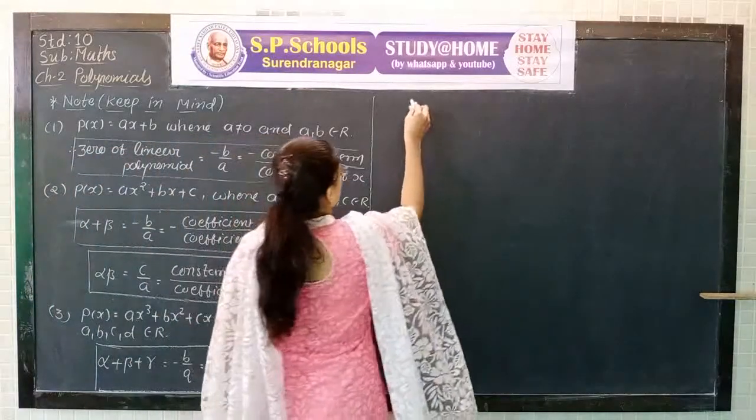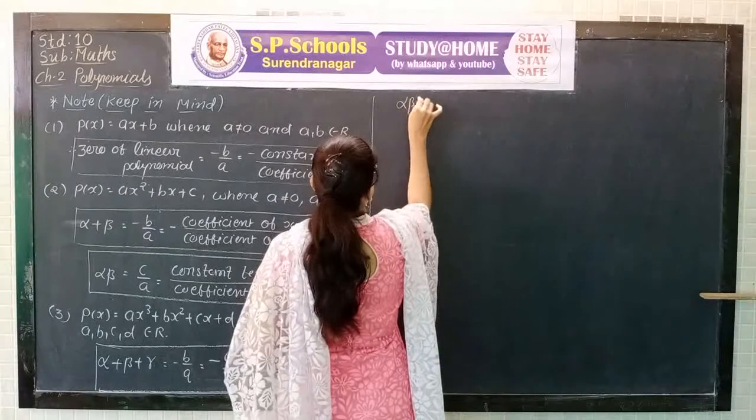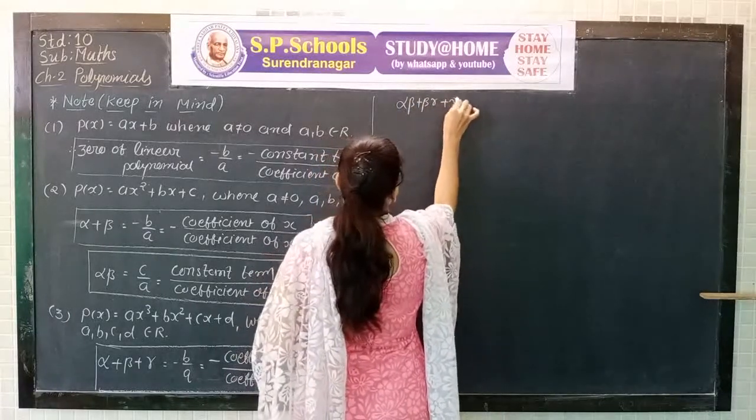Now second is alpha beta plus beta gamma plus gamma alpha.